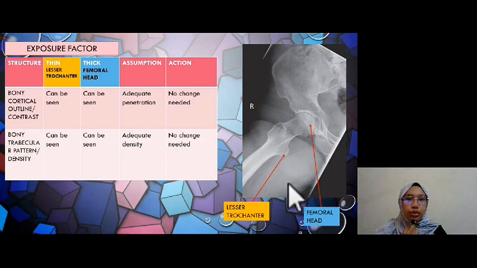So there is no change needed. For the mAs, the mAs used is adequate for density and detail. This is because the bony trabecular pattern of the lesser trochanter can be seen, and the bony trabecular pattern of the femoral head can be seen too. So there is no change needed.